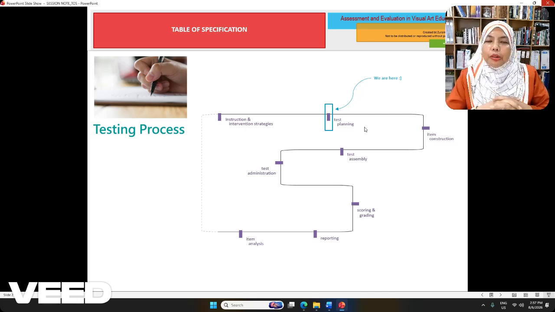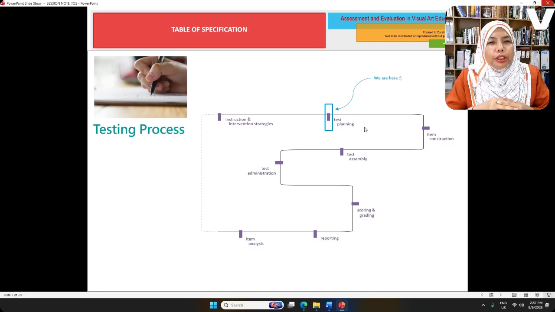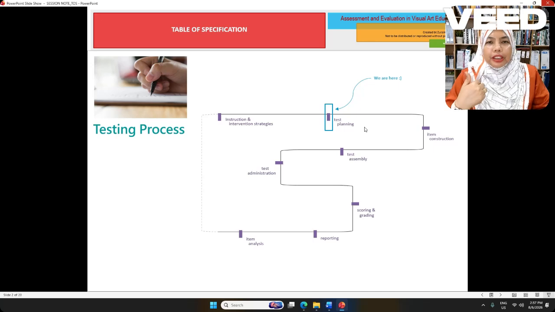Okay, and when we complete our TOS, it will be based on the learning standards in the curriculum document, and we will only select learning standards that are relevant under cognitive domain. Learning standards representing affective and psychomotor will not be considered for most of the time.